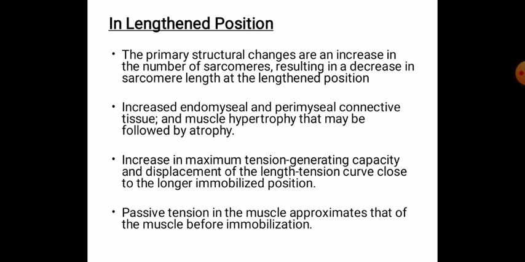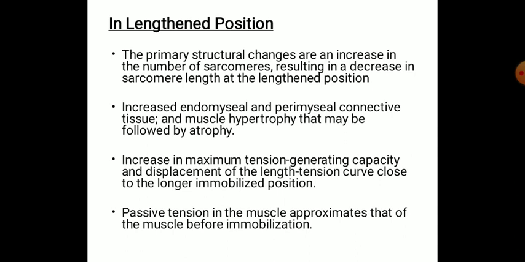The primary structural changes are an increase in the number of sarcomeres, resulting in a decreased sarcomere length at the lengthened position, increased endomysial and perimysial connective tissue, and muscular hypertrophy, which may be followed by atrophy.